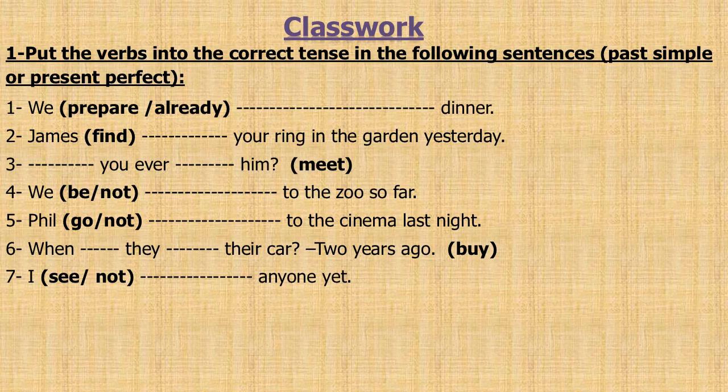Number 7, I see not anyone yet. Here we have the word yet, a key word for the present perfect. So I have to form the sentence in the present perfect. I haven't seen anyone yet.